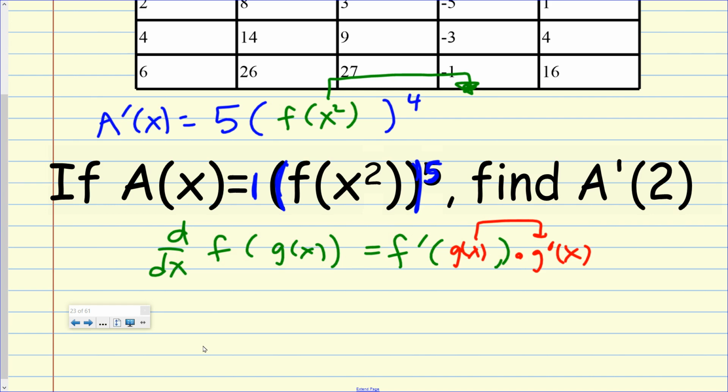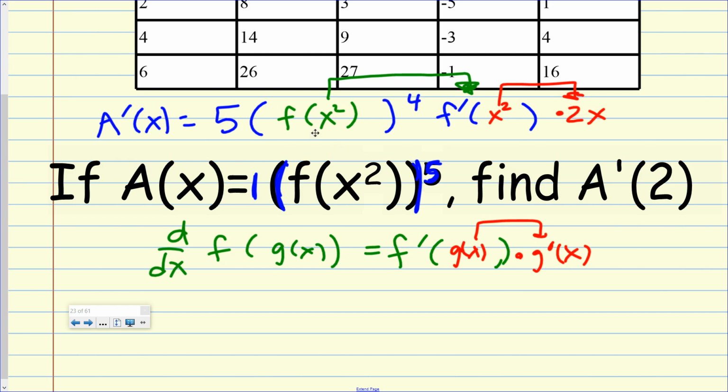X squared, okay? So, I'm sorry, it's the derivative of the outside. Do you guys see that? Leave the inside alone. What's the inside again, guys? Then take the derivative of the inside, which is 2x. So it's a chain rule inside a chain rule. Do you guys see that?